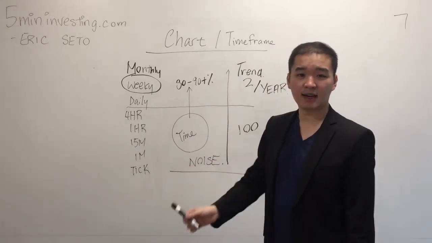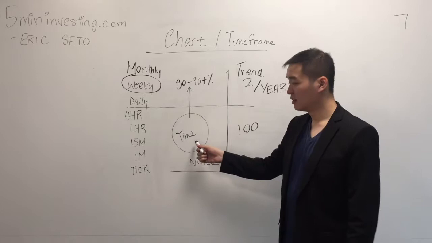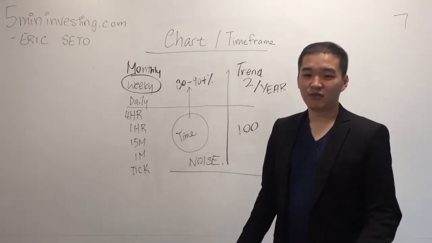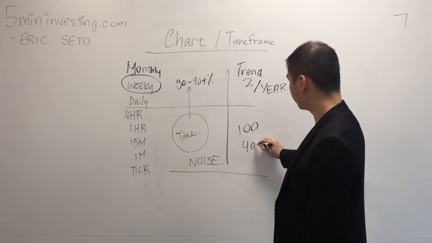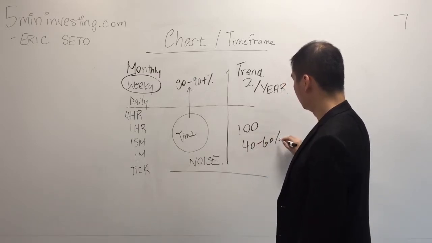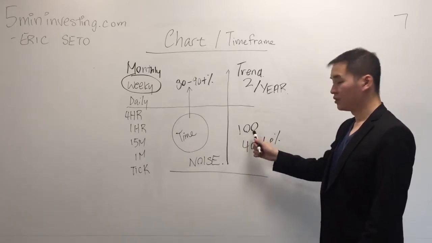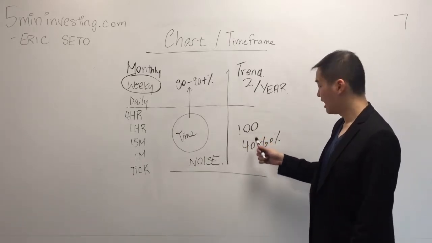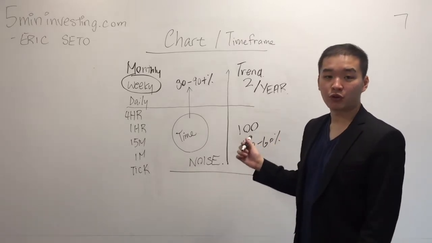That means I'm 80 to 90% sure that I'm right. When in fact here, I can only be 40 to 60% sure. So just by doing more trades at a lower confidence level, it just means more grinding.